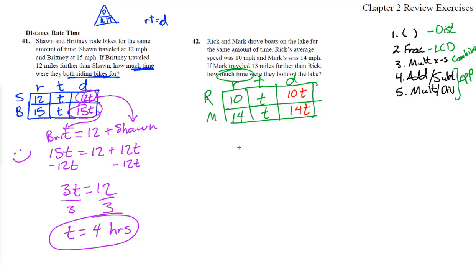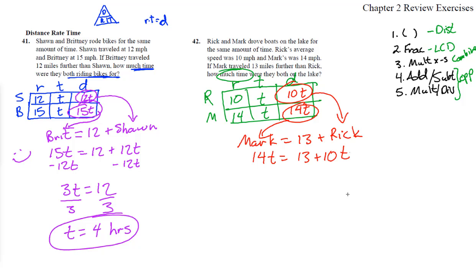And it says Mark traveled 13 more than Rick, further than Rick. Okay, so there's Mark's distance, there's Rick's distance. So 14t equals 13 plus 10t. Oh, look at that. Happy math land, we have an equation. Parentheses, no. Fractions, no. Multiple t's, yes.